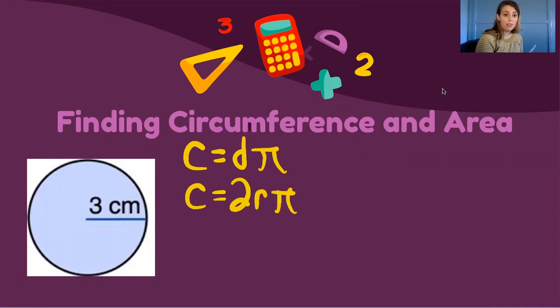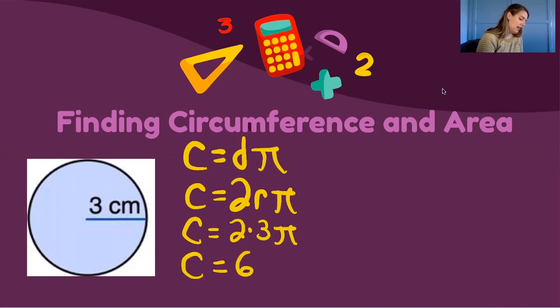So on this problem, since the radius is 3, I would plug it in, and I would get an answer of 6 pi centimeters. Be careful to see how it wants you to represent the answer.